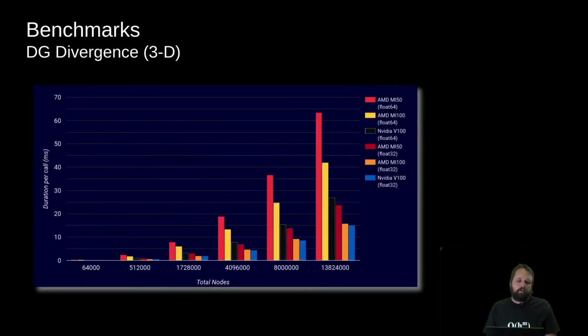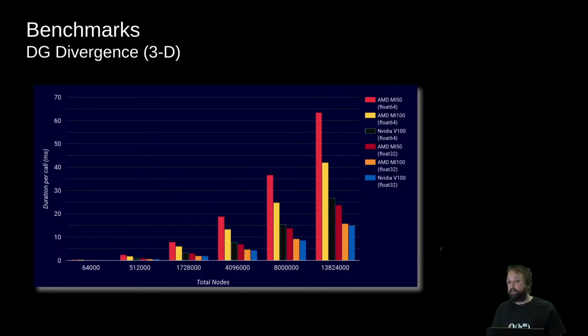So here what I'm showing you is some of the run times, the average runtime per call to those two routines. If you go from left to right, we're increasing the problem size. In terms of the problem size, we're always using a polynomial degree of 7, which means each element has 8 by 8 by 8 control points in them. And we increase the problem size by increasing the number of elements.